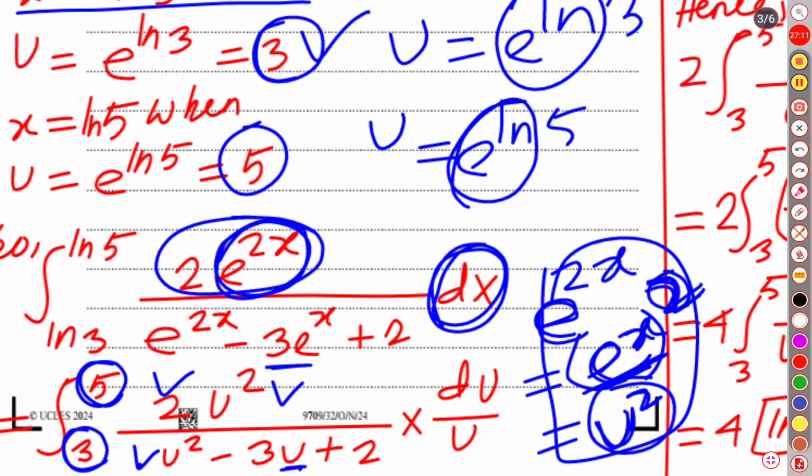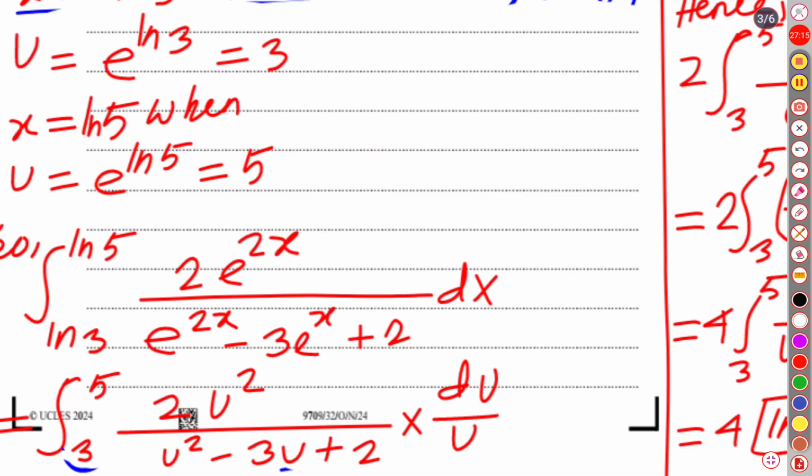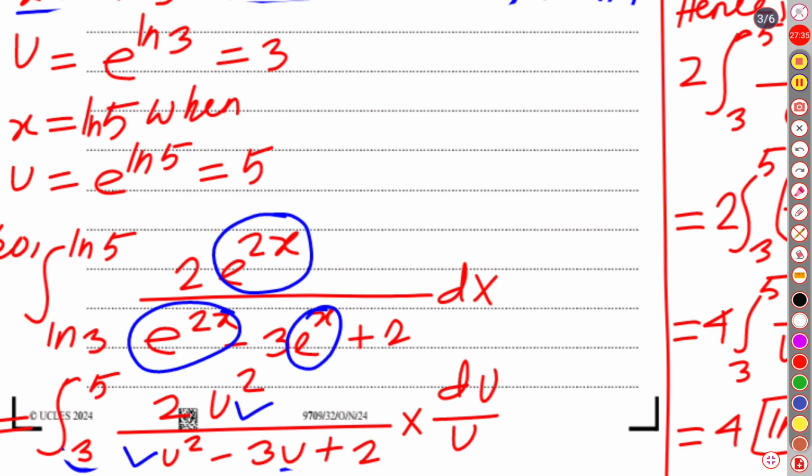Let me erase all of these unnecessary parts. As I have told, e raised to 2x is u squared, so 2u squared. Same goes here also. e raised to 2x is u squared. Then minus e raised to x. It is not 2x, it is only e raised to x, which is 3u.